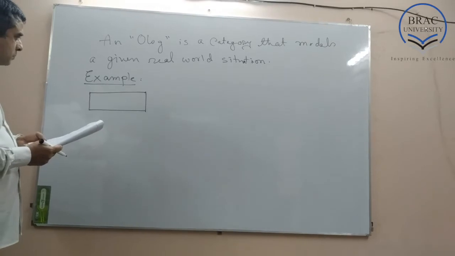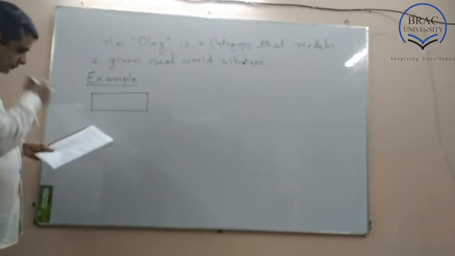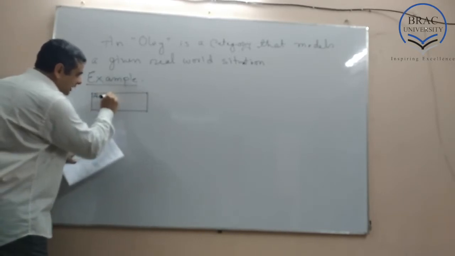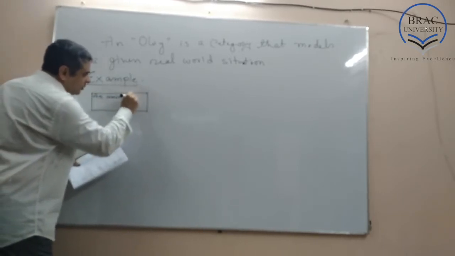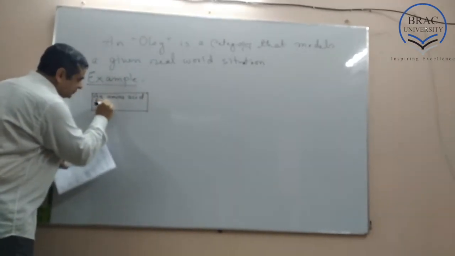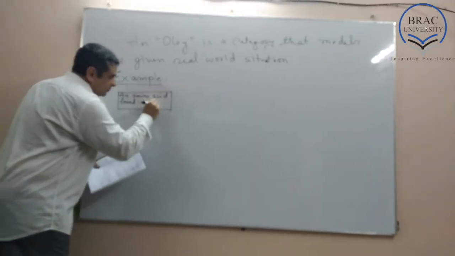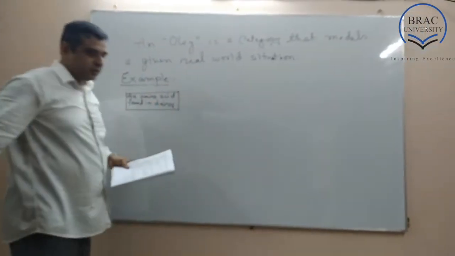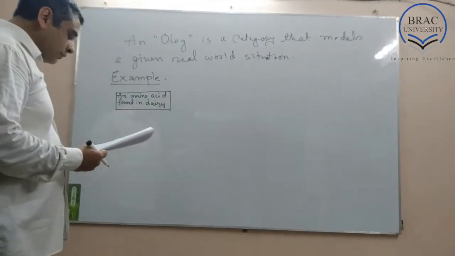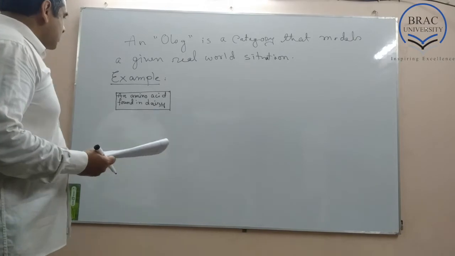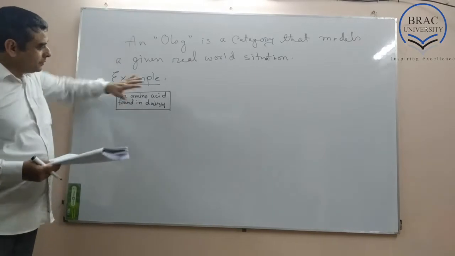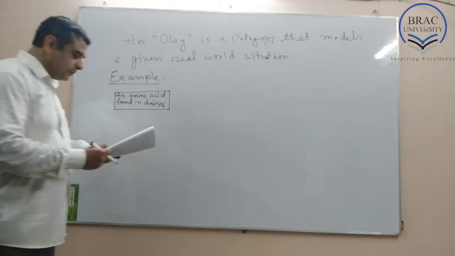I have drawn a box on the left which contains the label an amino acid found in dairy. Dairy means food containing milk, food made out of milk. So, an amino acid found in dairy. This is what you have on the left.